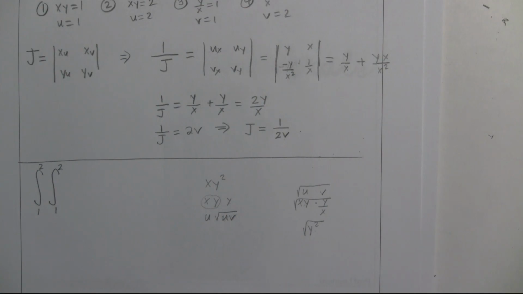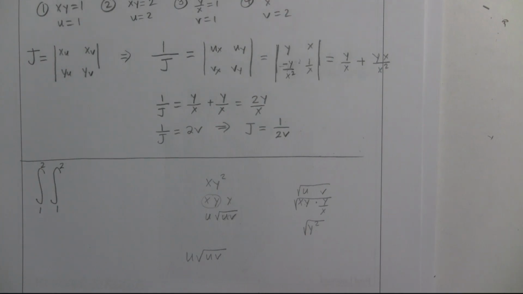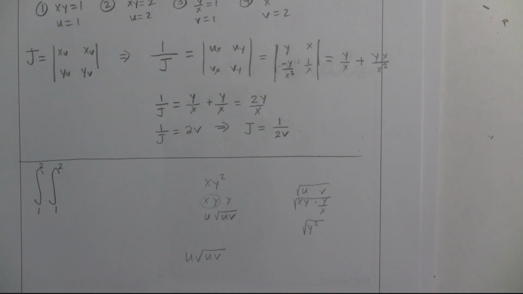This is actually a different one than before, and I want to make sure that this works. So if I put this u and then square root of uv, now these numbers for u and v, when I take the square root, would I be okay?